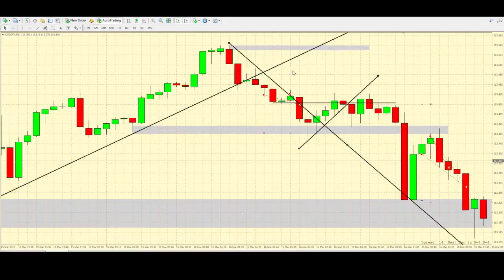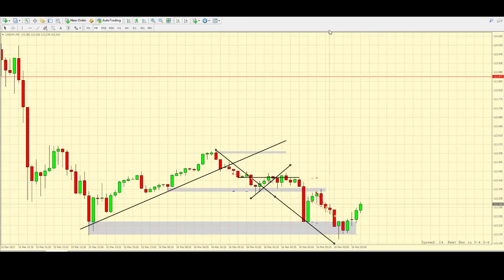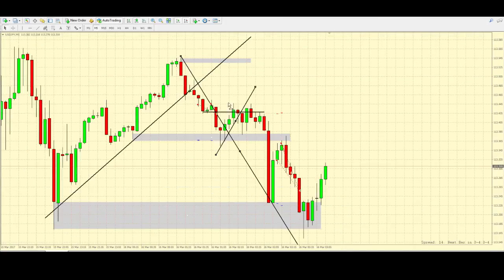So we got the 5-minute, tons of structure. On the 5-minute, we get out of the downtrend and then we go into a temporary uptrend right here.